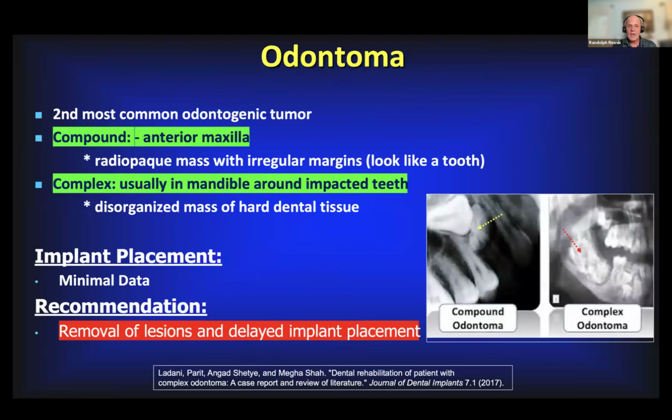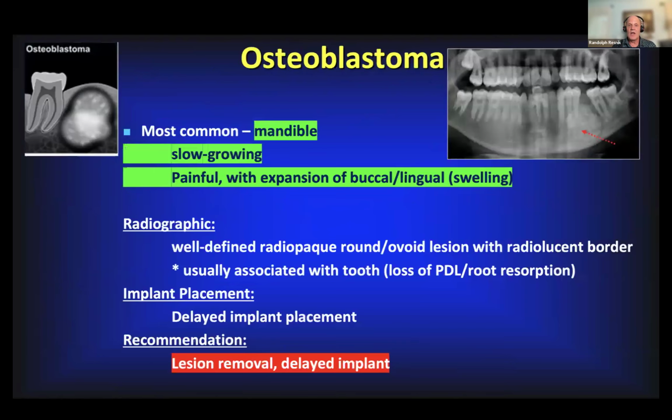We have the odontomas. They can be the compound, which is usually in the anterior maxilla, or the complex, which is in the mandible, but usually around impacted teeth. We have the osteoblastoma, usually in the mandible. It's slow growing. However, it's usually an expansive lesion, so it's very, very large, and usually there is a radiolucent border around that.